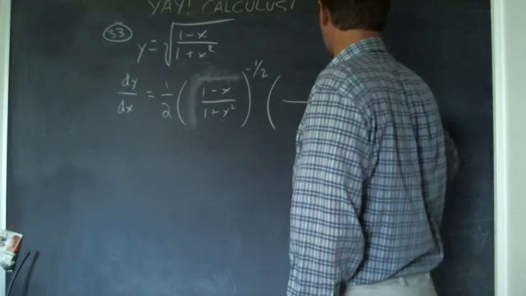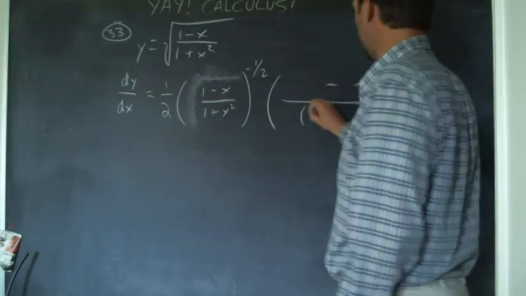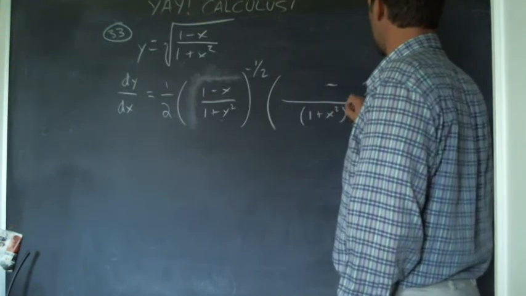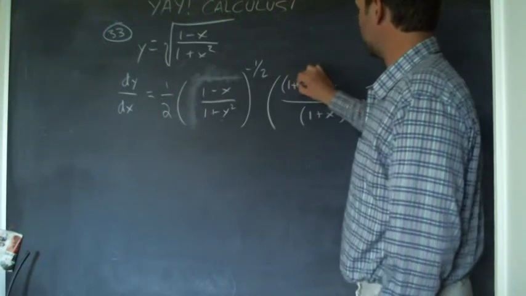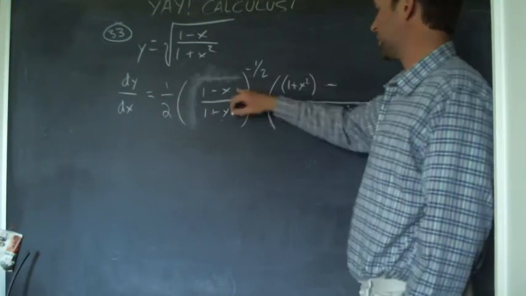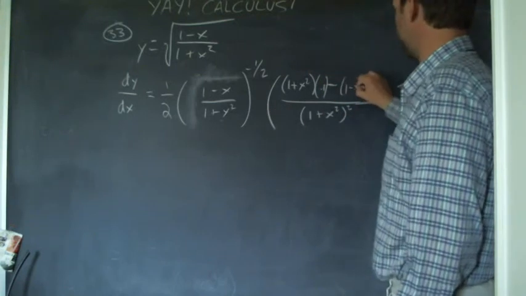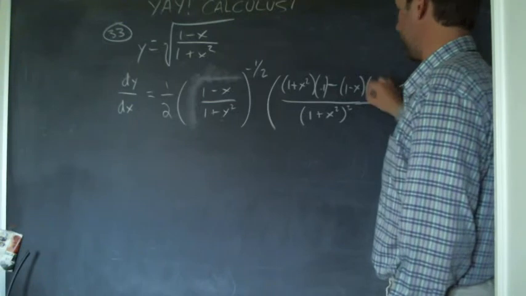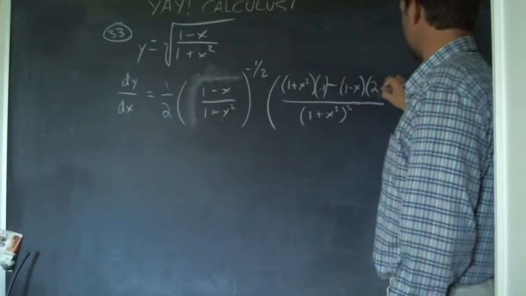So the derivative of that is going to be the quotient rule: minus, and then on the bottom 1 plus x squared, squared. Now the bottom to top, that's going to be 1 plus x squared times the derivative of the top, which is just negative 1. Then top to bottom times the derivative of the bottom, that's 2x.